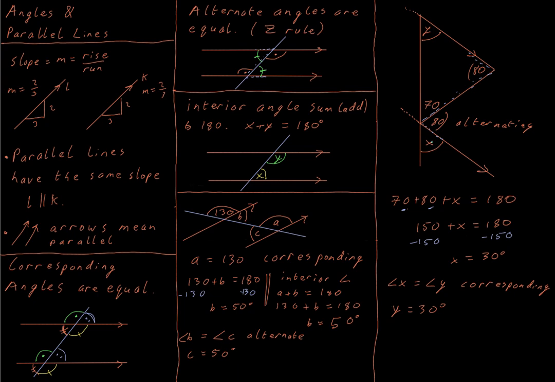So these are corresponding. They're in the same relative position on my crossing. So this line is crossing my two parallel lines. So X must be equal to Y because they are corresponding. And again, we've told our story of how we know that as we are answering our question. And that's what we need for our angles and our parallel lines.